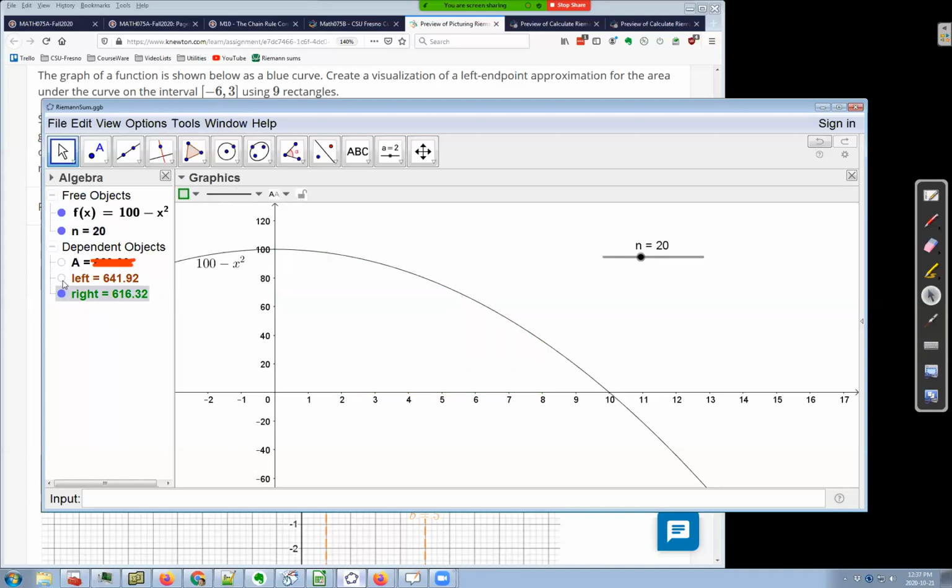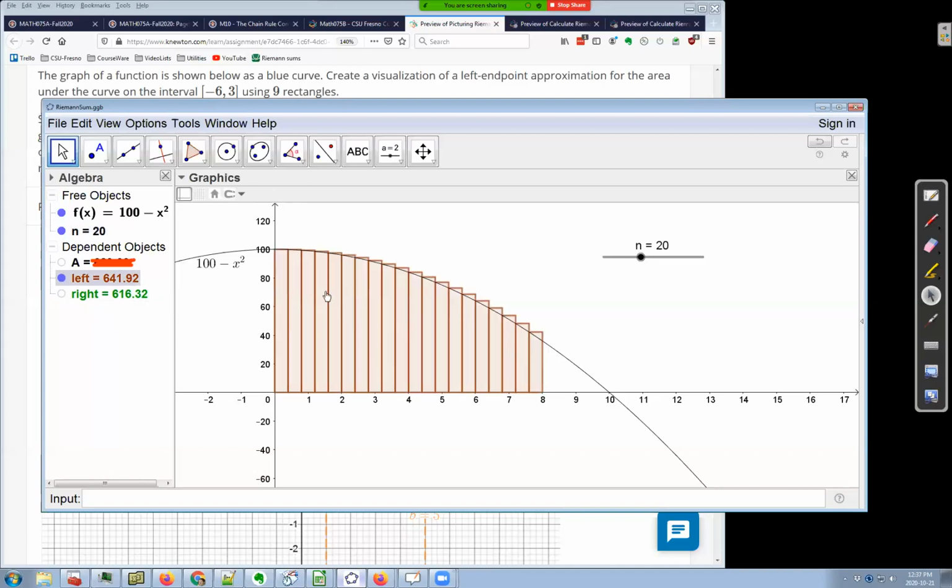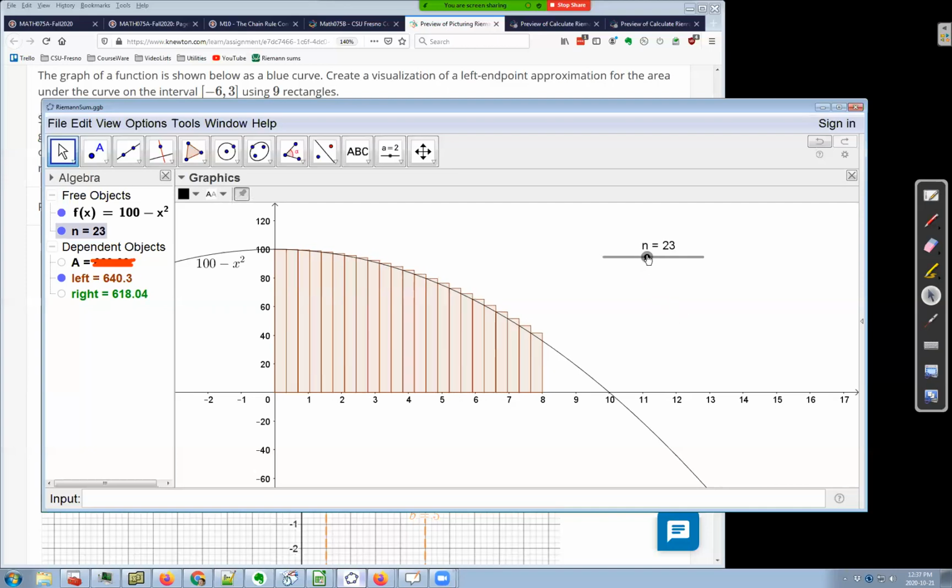And if I use 20 left-hand rectangles, GeoGebra is telling me the area is 641. So the idea is now I'm getting better estimates. So the moral of this story is Riemann sums give us an estimate for the area under the curve. And the more rectangles you use, the better estimate you get.